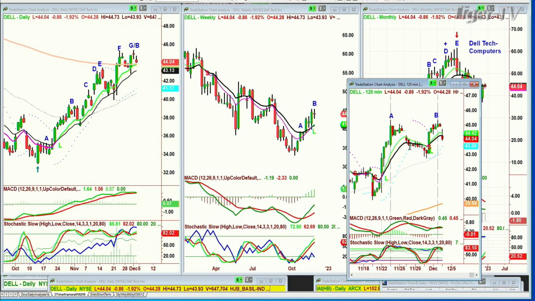It's only just a minuscule peak A of about 2 or 3 cents lower than the previous high. So it's really showing tremendous strength, and we're going into the season where maybe as gifts, Dell Computer gets bought. I don't know.